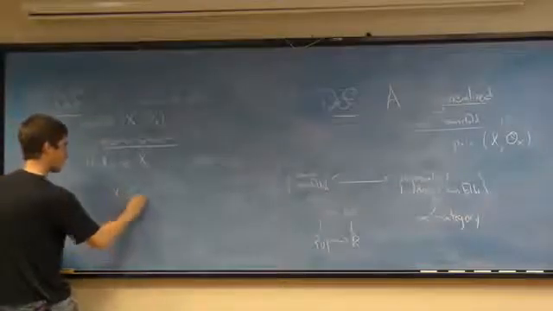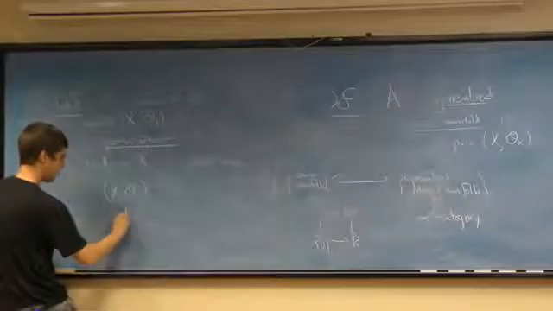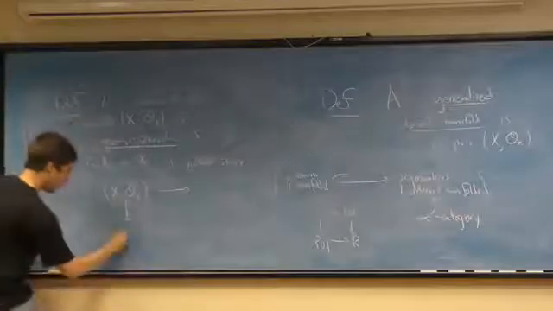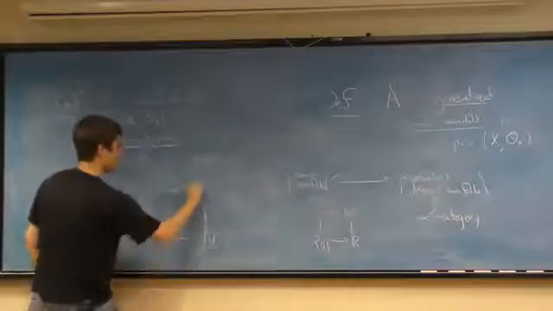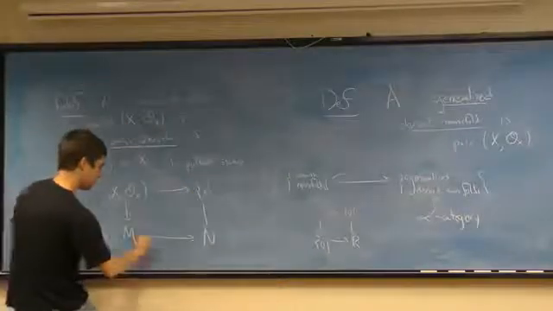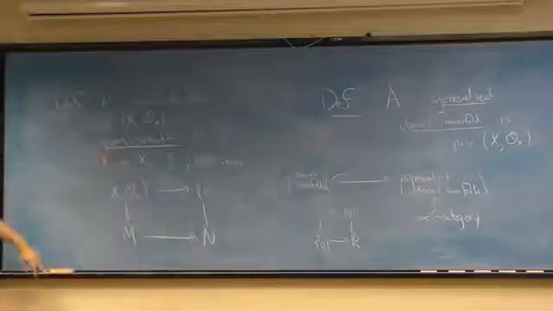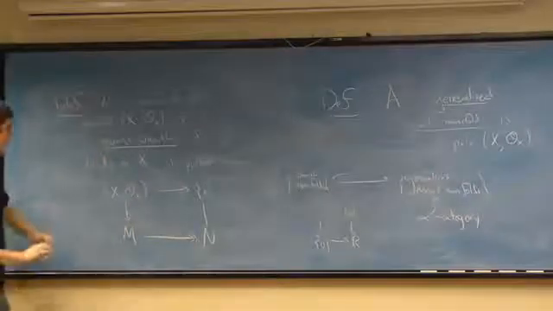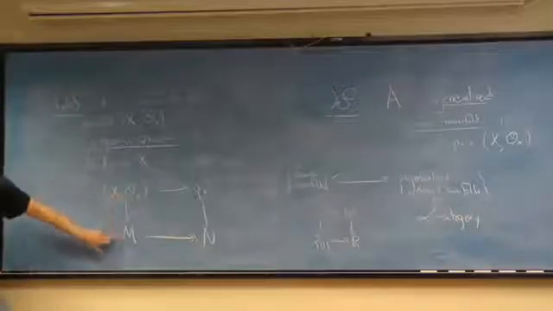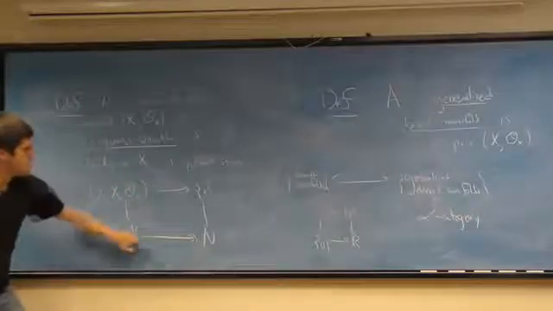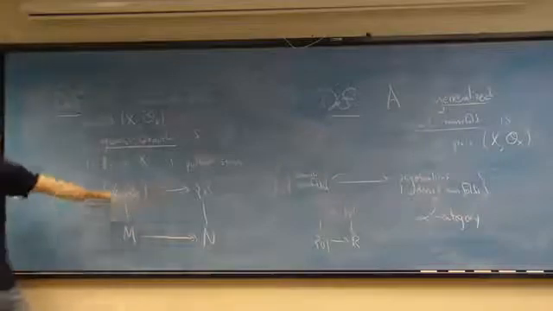Say (X, O_X) maps to some smooth manifold M, maps to a pullback square like this where, well, you could either say this X looks like the fiber of a map of smooth manifolds over some point of the target, which is saying there's a pullback square like this.